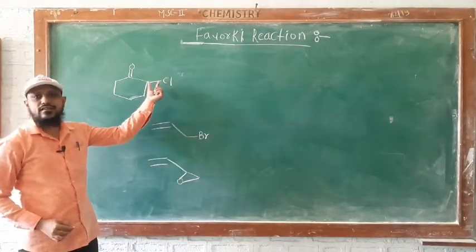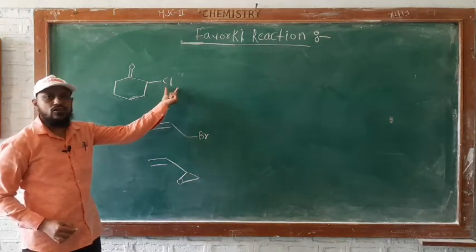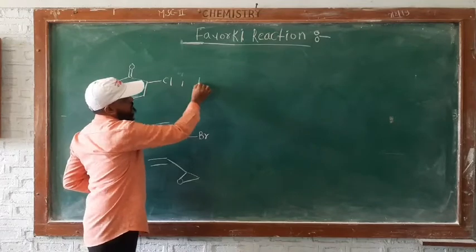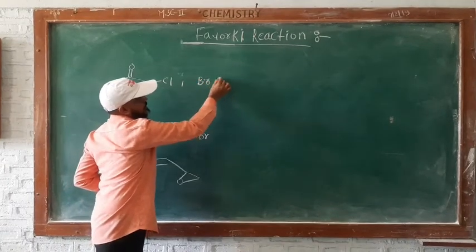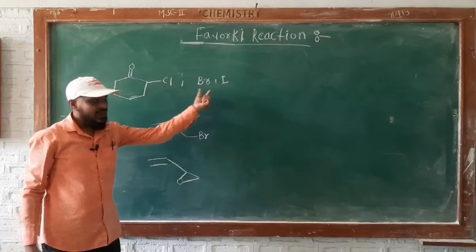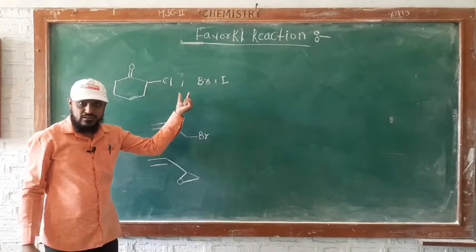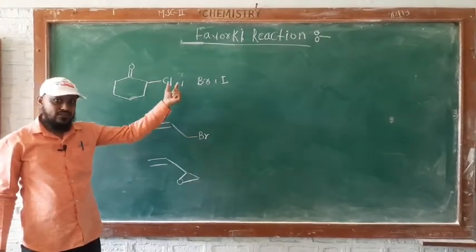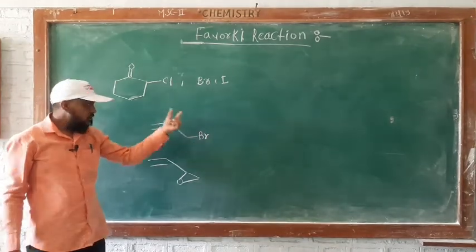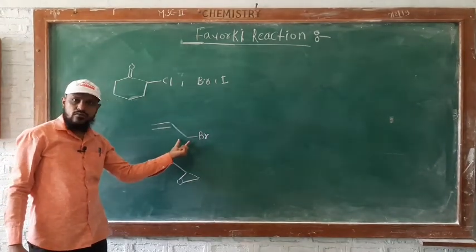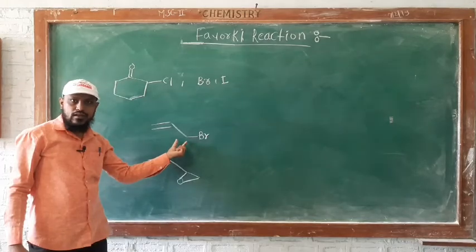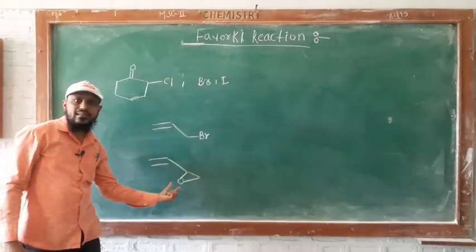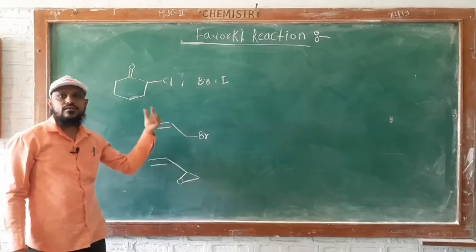Here we can also use bromine ion, a halogen group used as a leaving group. But instead of the halogen group, we can also use N-bromopropyl and alkyl epoxide as leaving groups.